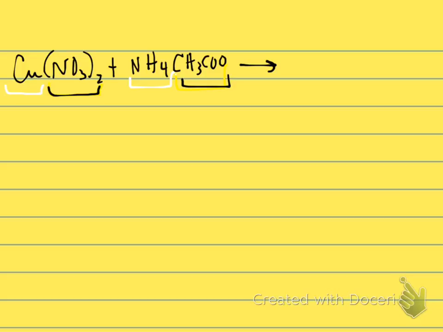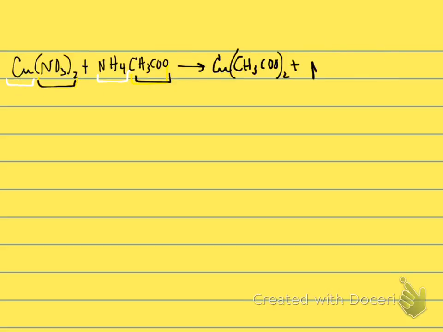So what we end up with is Cu(CH3COO)2 plus ammonium nitrate, NH4NO3. And we'd have to balance this, of course.